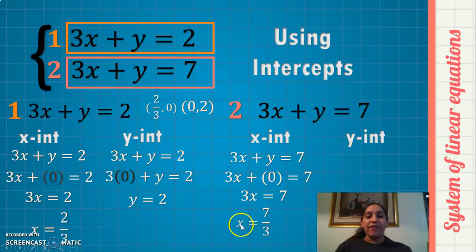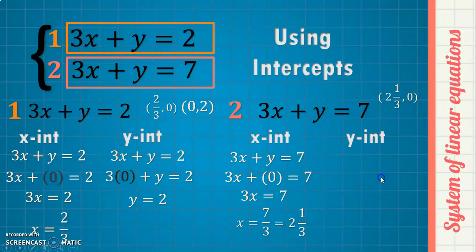This way I have x equals 7/3. As this is an improper fraction, I make it a mixed number, x equals 2 1/3. So my ordered pair for the x-intercept is (2 1/3, 0).